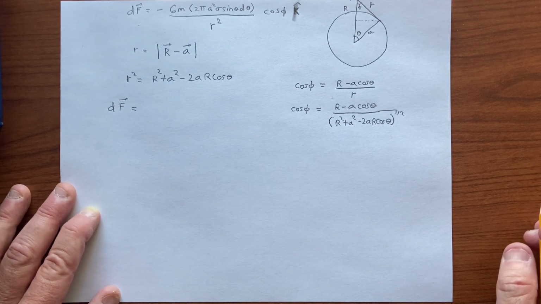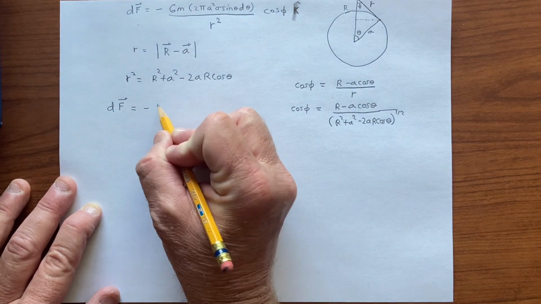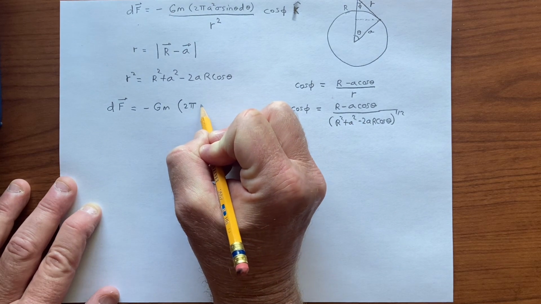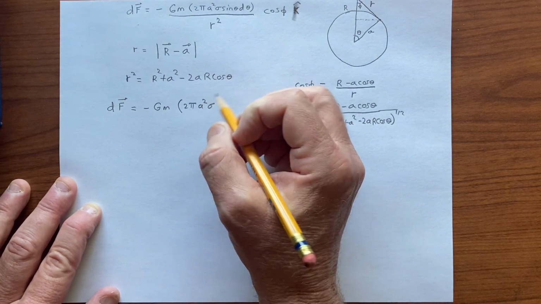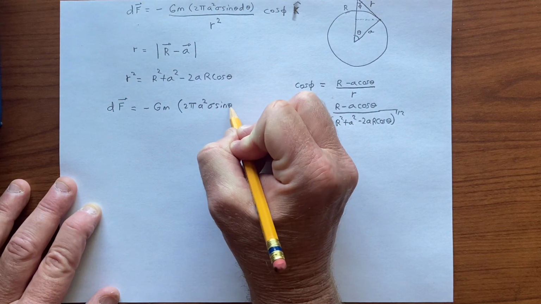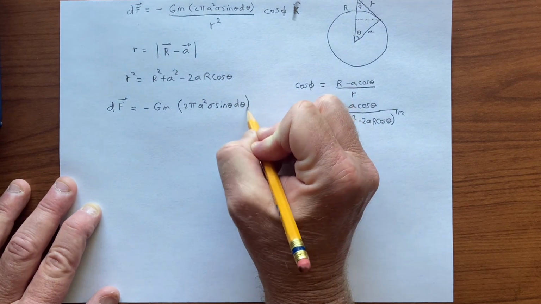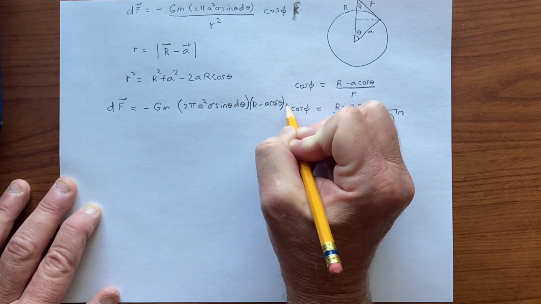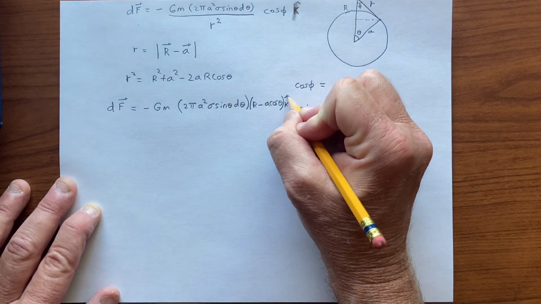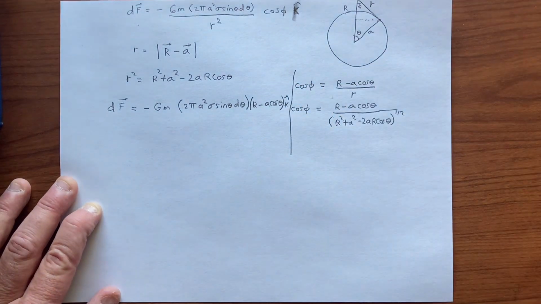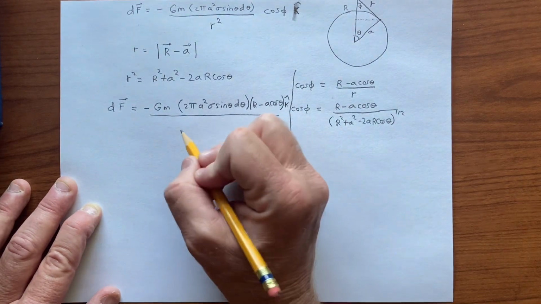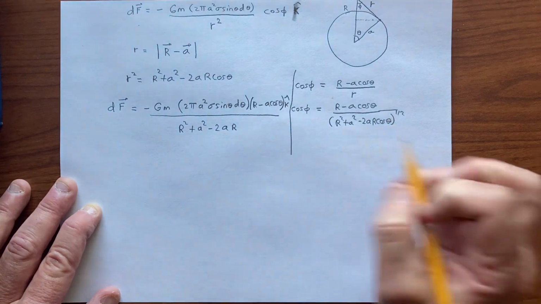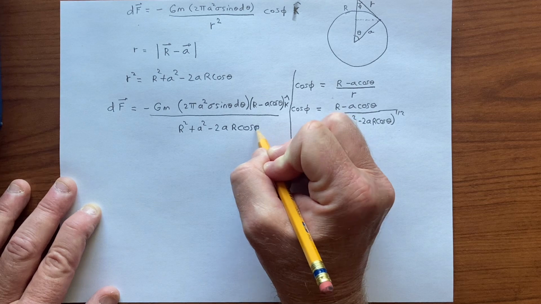And so the dF becomes minus G little m times 2 pi a squared, the density, sine theta d theta, times R minus a cosine theta, k hat, let's make a little line here, over R squared plus a squared minus 2aR cosine of theta.